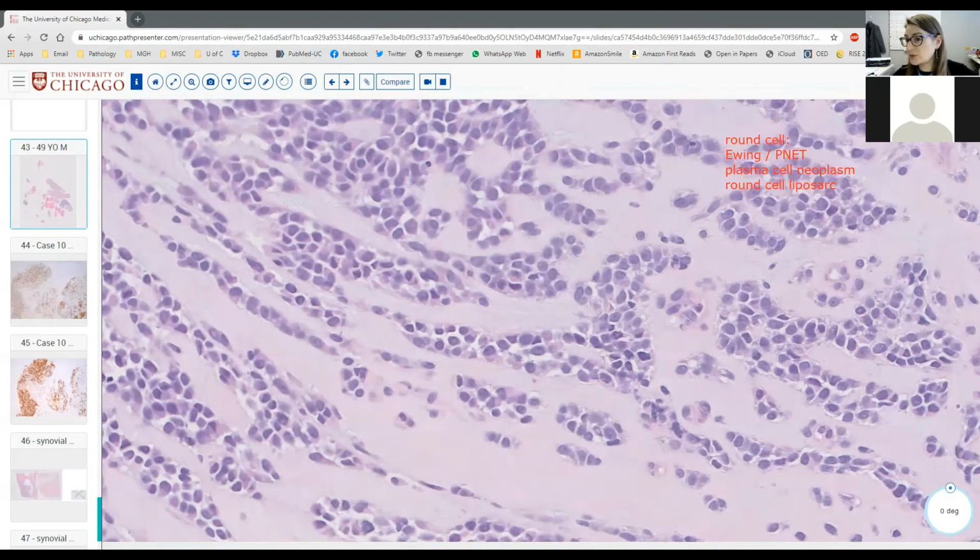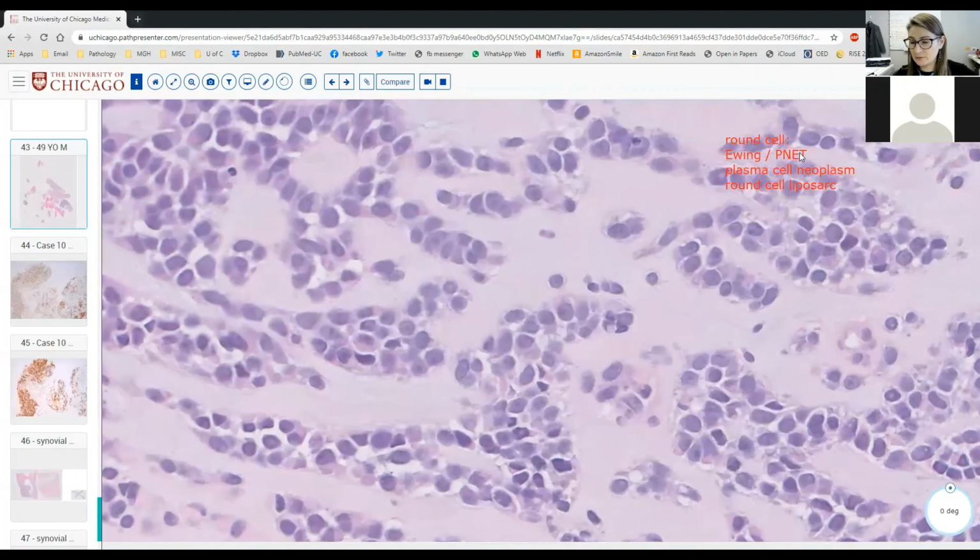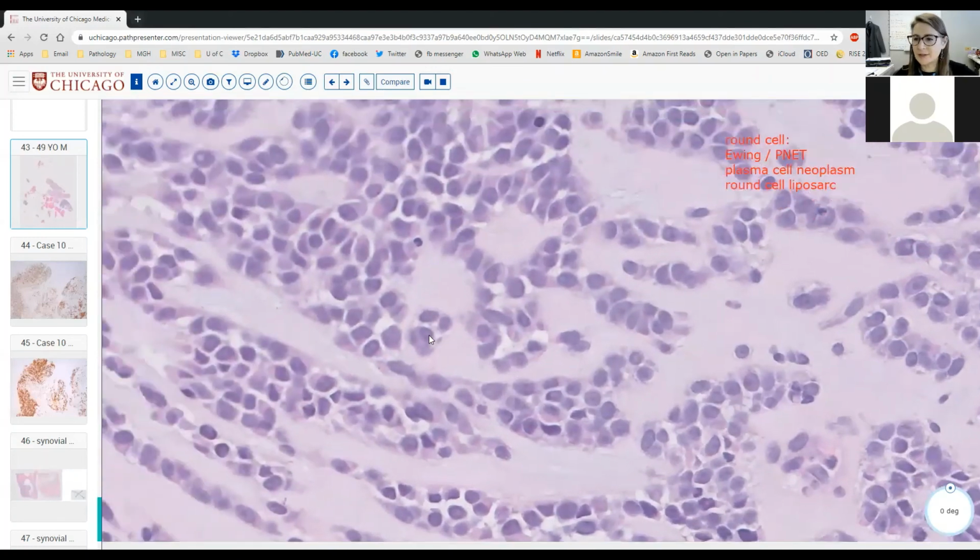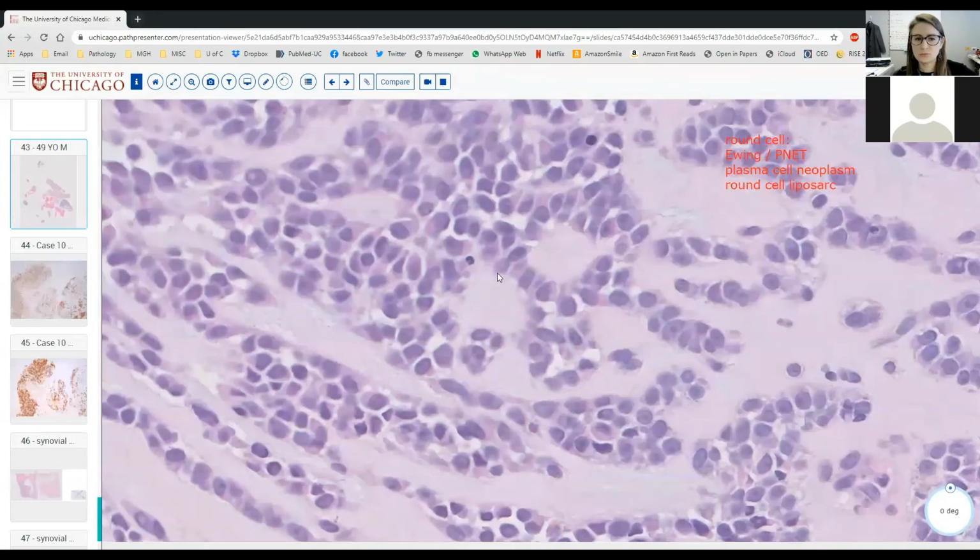Genetics, arguably for Ewing's, are very specific. And in this case, EWSR1 rearrangement was performed and it was negative. So not a Ewing's. Stains for plasma cell neoplasm were negative. Stains for round cell liposarcoma, really, there aren't any. You'd have to do the genetics there as well.